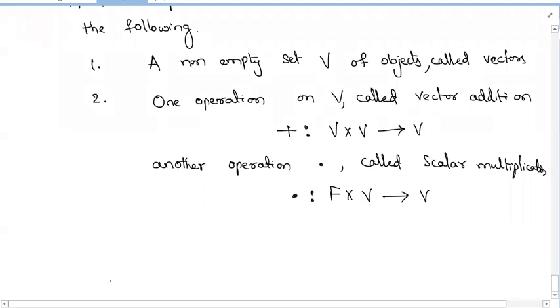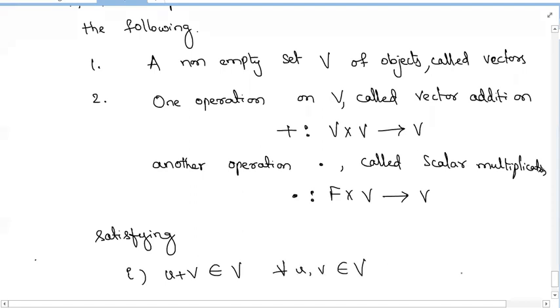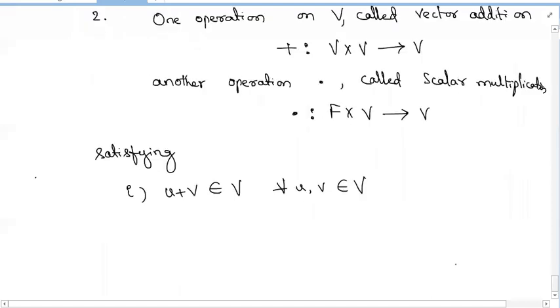Satisfying: this plus and dot should satisfy the following. u plus v belongs to V for all u, v belongs to V. So I will write the first thing: V, plus is an abelian group.